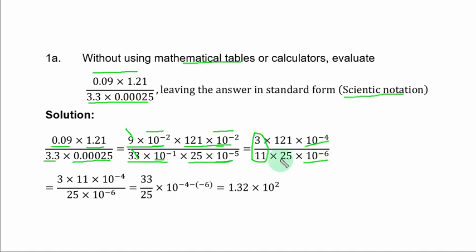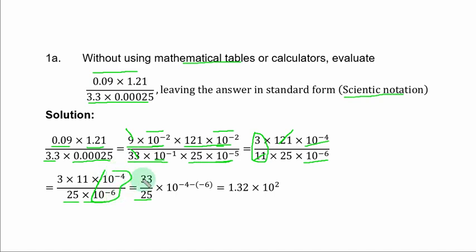So let's continue. You can divide 121 by 11, and you have 11 remaining. So we are left with 3 times 11 over 25, then 10 to the power of minus 4 over 10 to the power of minus 6. Now 3 times 11 is 33 over 25. When numbers with the same base are divided, their powers are subtracted.